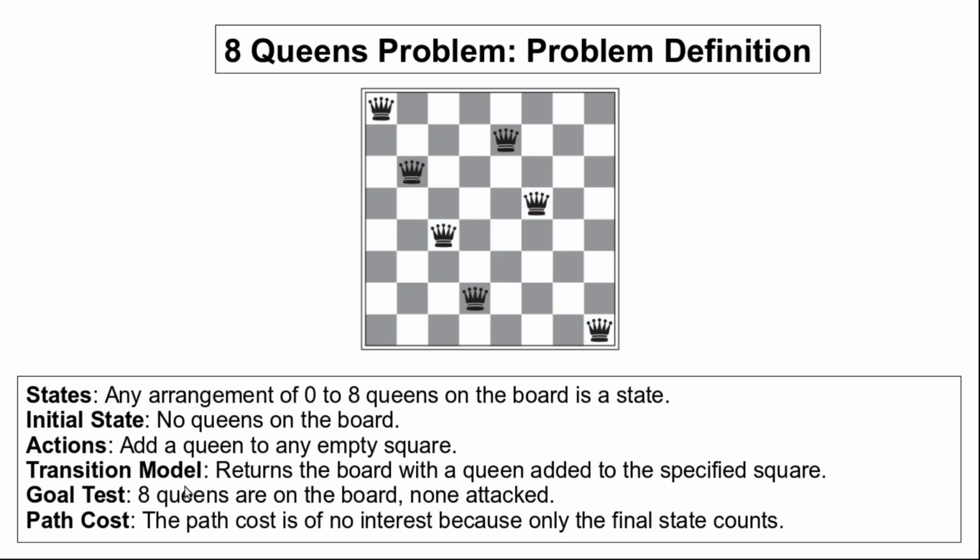Goal test: 8 queens have to be on the board and none of them should attack each other. And path cost: the path cost is of no interest because only the final state counts. Anyway, we will be placing only 8 times. So this is the problem formulation for the 8 queens problem.